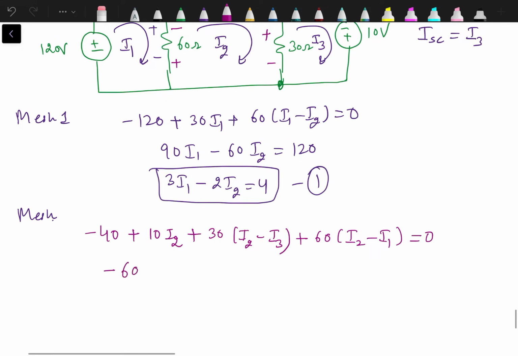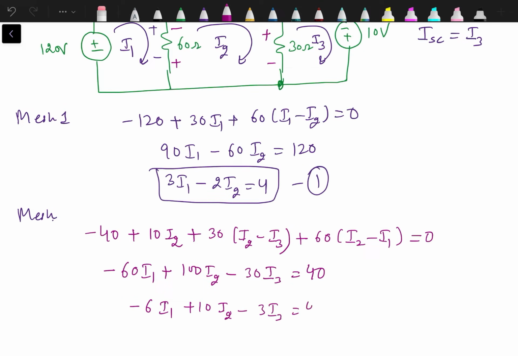So we get minus 60 I1 plus 100 I2 minus 30 I3 equal to 40, or minus 6 I1 plus 10 I2 minus 3 I3 equal to 4. This is our second equation.